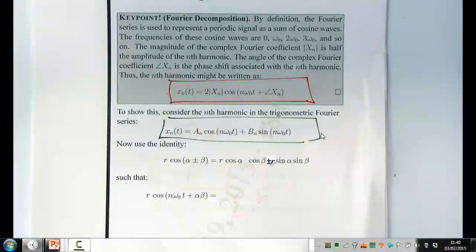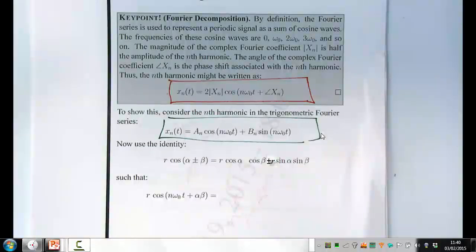So you can go from this green box to the red box, and I'll explain how you do that in a moment. But basically the nth harmonic can also be written as 2 times the magnitude of the complex Fourier coefficient, times the cosine wave of frequency n omega naught, plus the phase, or the angle, of the complex Fourier coefficient x of n.